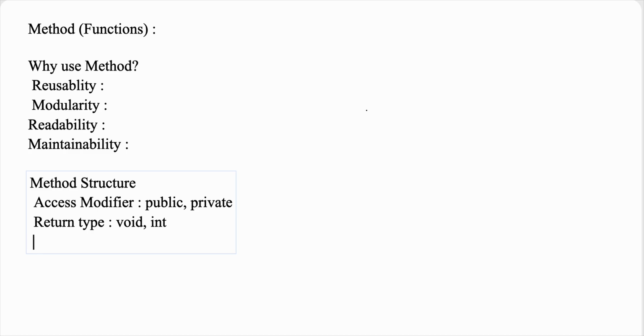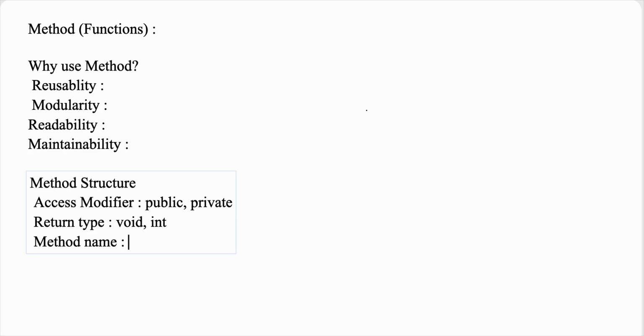The third thing is the method name. The method name describes what the method does. Suppose for example we have two digits, and we need to sum them.